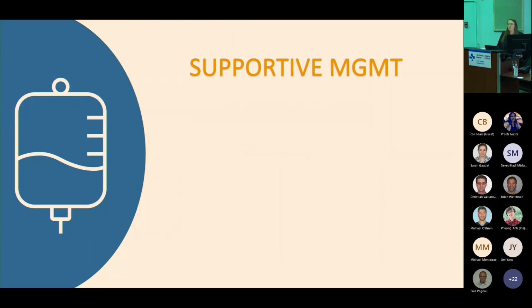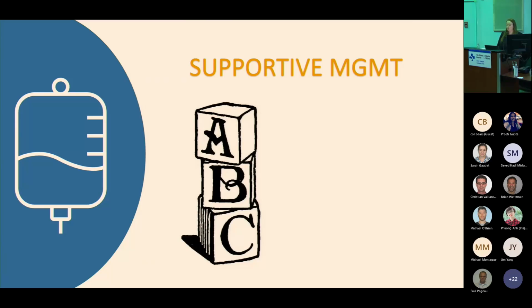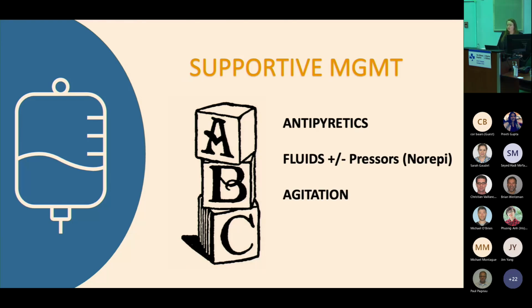Supportive management should always be your first step in the management of thyroid storm. Using your ABC approach, you will provide supportive management for the patient in front of you, who often will be agitated, febrile, and may even be hypotensive. Management options may include antipyretics, fluids and pressors, and sedation for agitation. Because ultimately, usually when these patients roll through our doors, we don't know that they have thyroid storm initially.